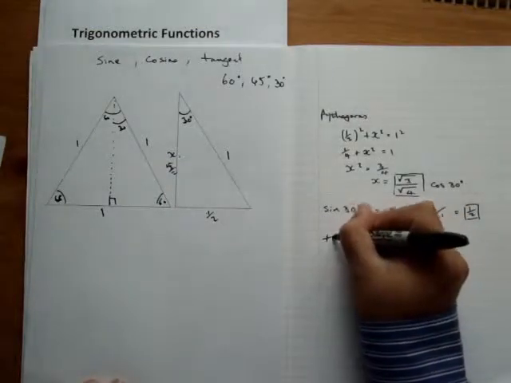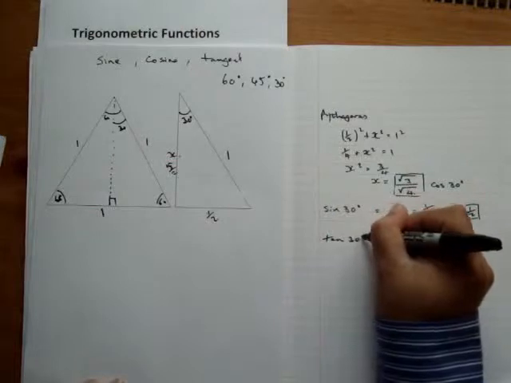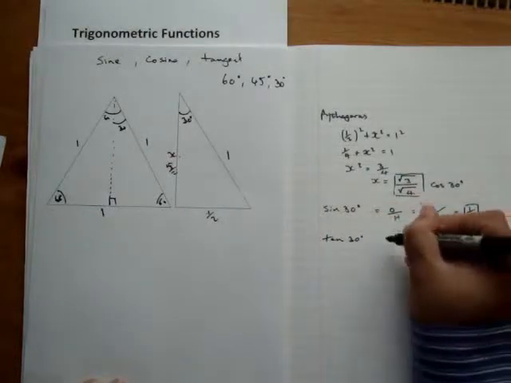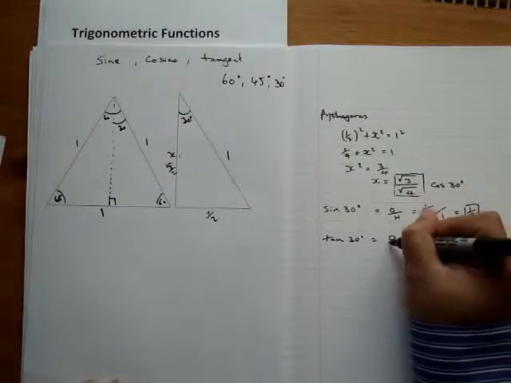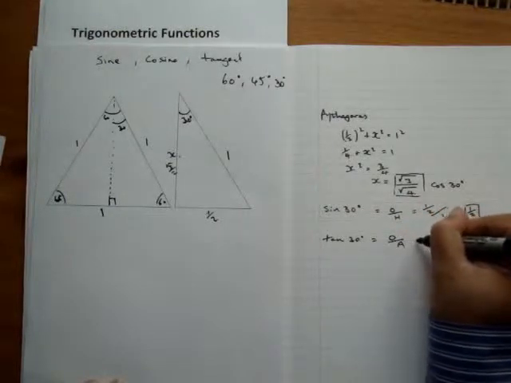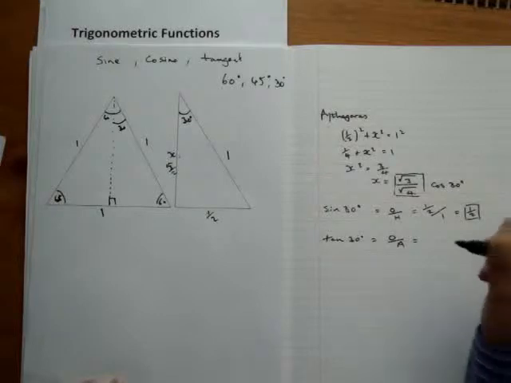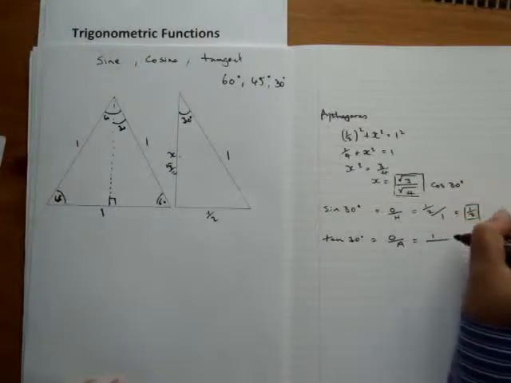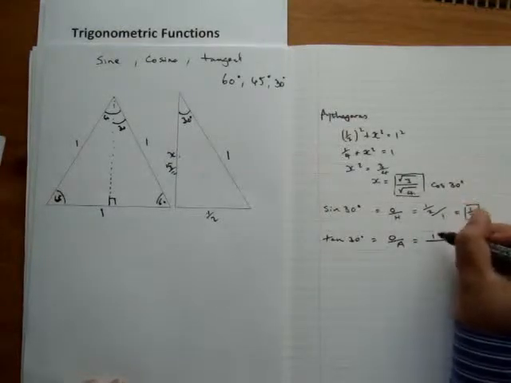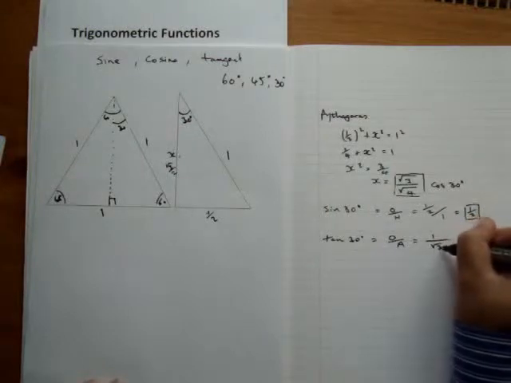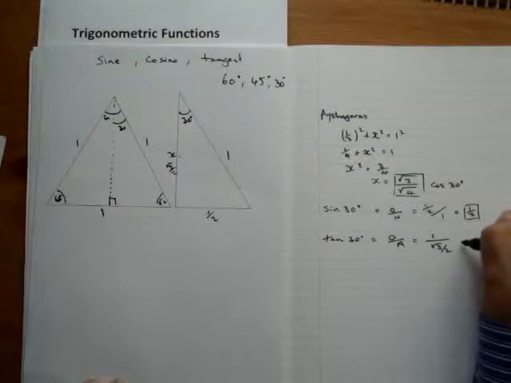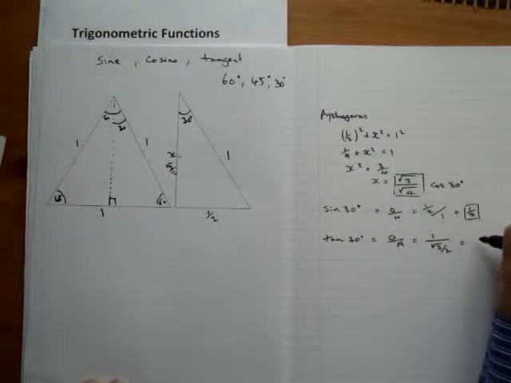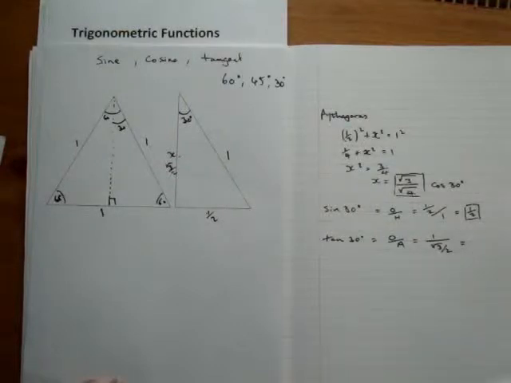If we want the tangent of 30 degrees, the tangent is the opposite over the adjacent. So the opposite was half and the adjacent was square root of 3/2, and this would leave us with, when we get rid of the square root, so let's do that.